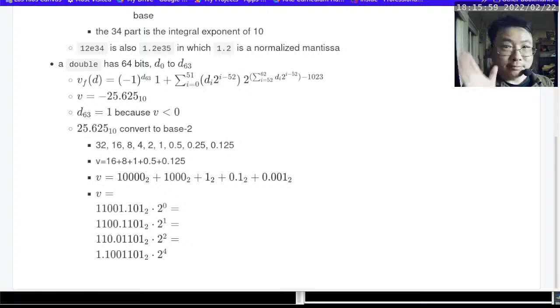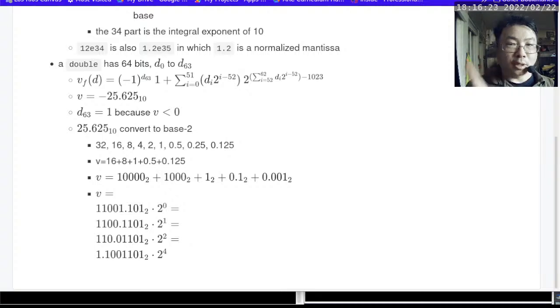But the idea is just that. So now we have a proper normalized mantissa, because 1 point blah blah blah in base 2 is going to be less than 2, because 2 in base 2 is 1 0. So 1 point blah blah blah has to be less than 2.